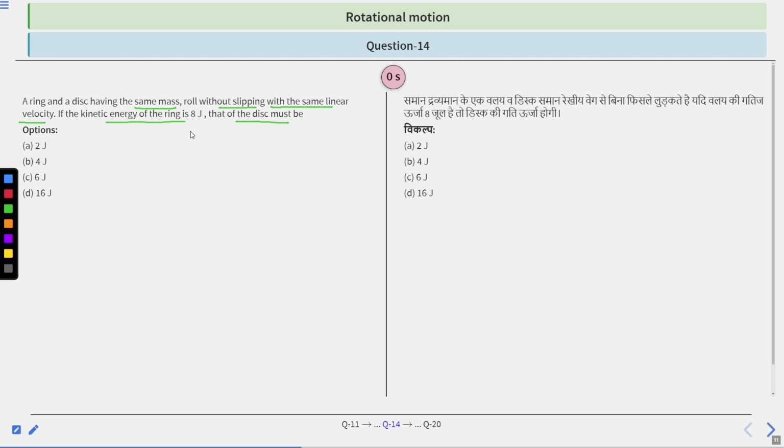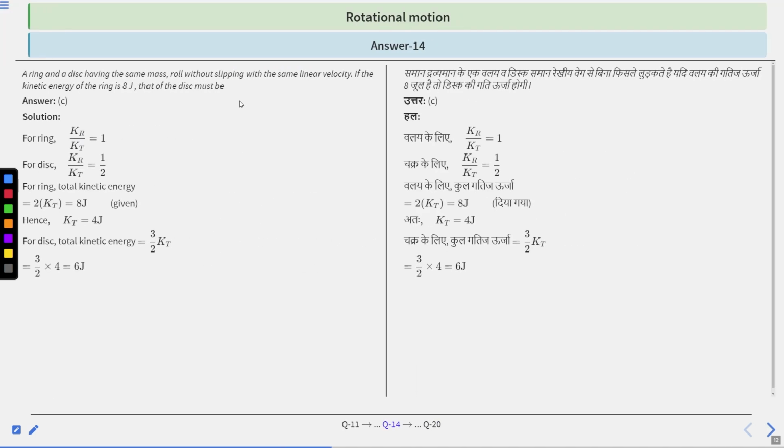Let's find the solution. The question asks about the kinetic energy, which is given for the ring, and the disc has the same mass, without slipping, same linear velocity. So we know for a ring, Kr divided by Kt is equal to 1, and for a disc, Kr divided by Kt is equal to 1 by 2.